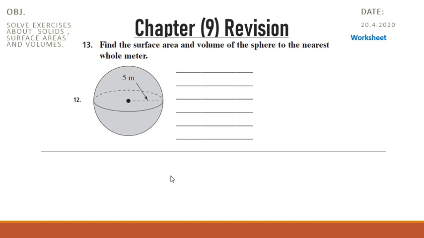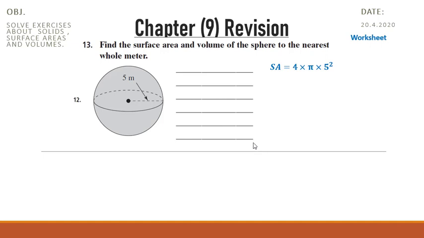Great. So, I want you to help me with the surface area. Do you remember the rule of the surface area? The surface area of a sphere is 4 multiplied by pi multiplied by r square.